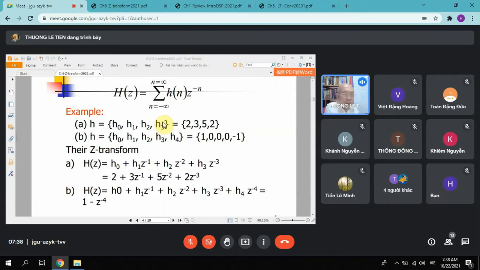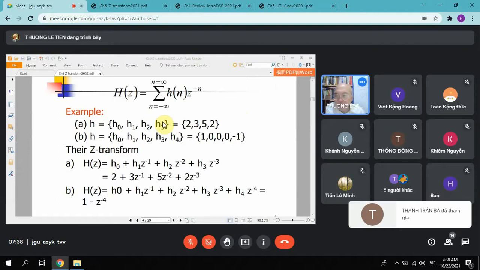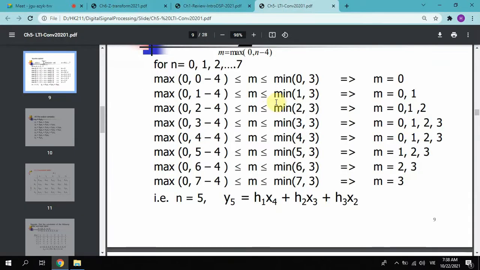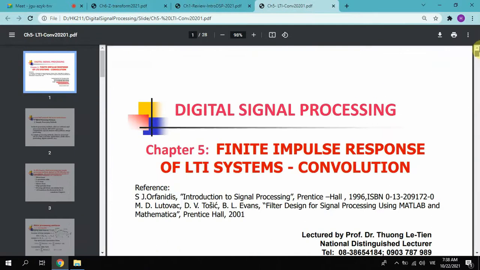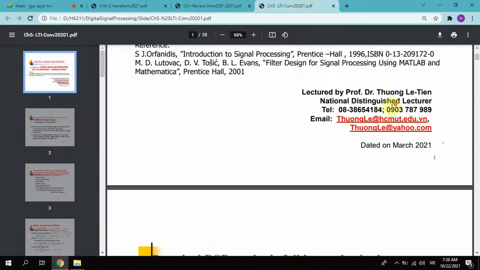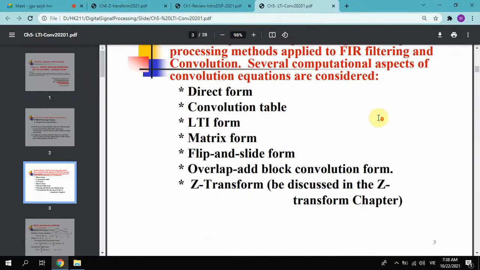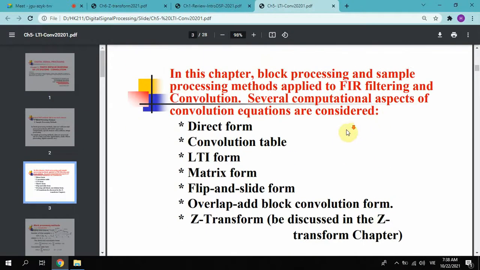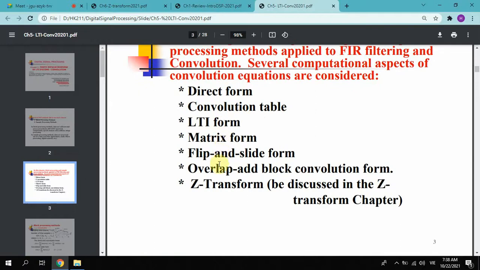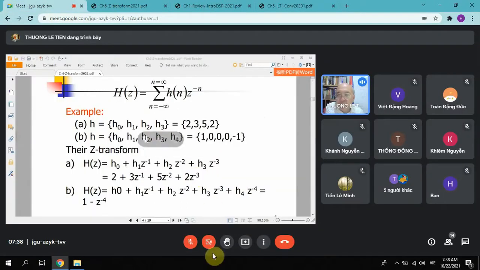I let you know already. Any of you can answer. How many forms can we use to describe it?